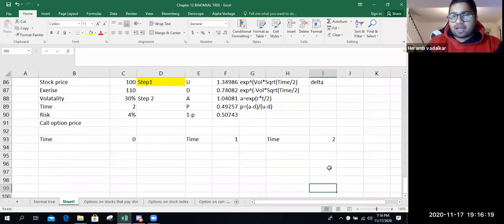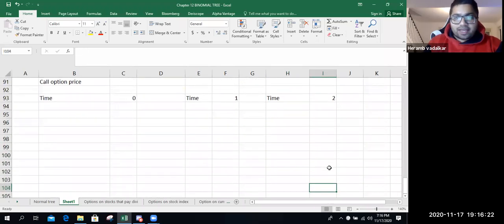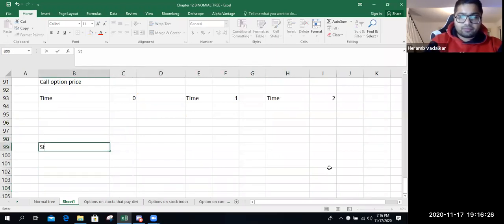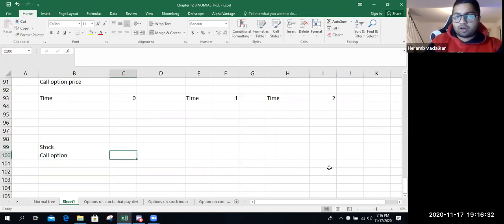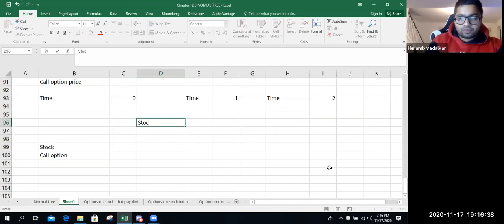Okay. Now, how will the tree look like? So you will have stock. We are finding call option. So stock, call option. Then stock can move up or down. Stock up, probability of moving up, and call option price.